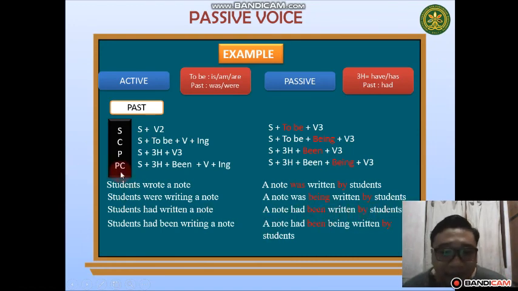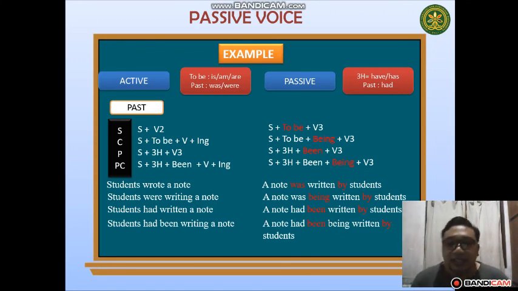For the perfect continuous is students had been writing a note. And for the passive one, a note had been being written by students. So I'm sorry, in here the right one should be being, not been. So for continuous, always use being for the passive.